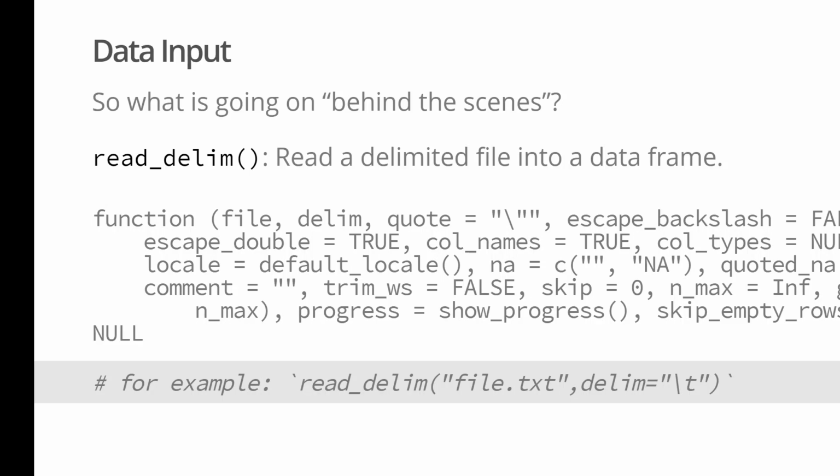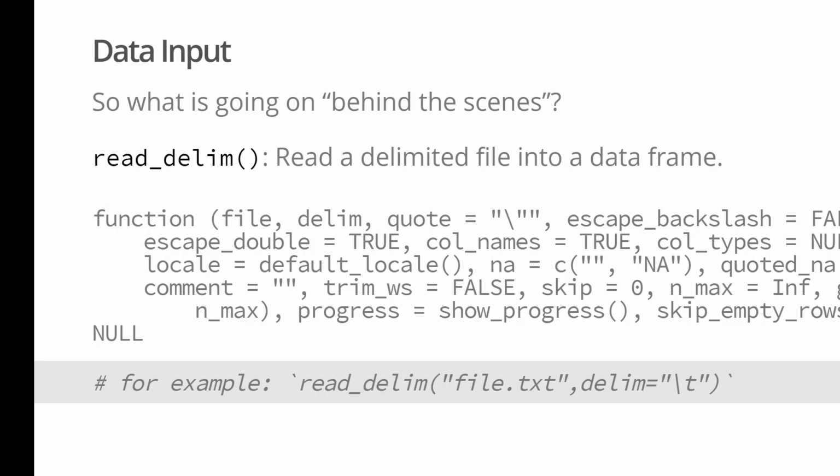So there's what's the quote symbol, what are the column names, does your first row contain the headers of the data or not? You can give it explicit column variable types, like giving it all the classes up front if you want. You can give it what the NA values are, what the comment characters are, whether you want to trim white space, whether you want to skip lines.